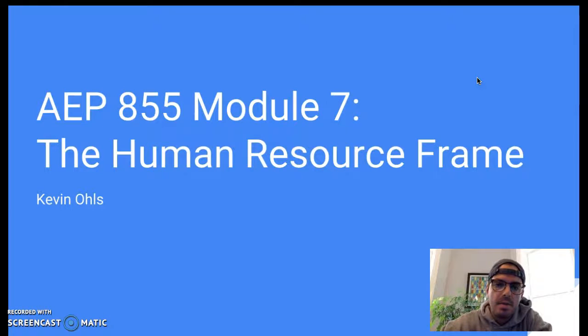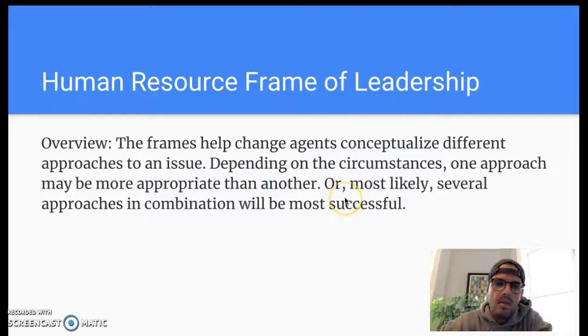The human resource frame of leadership is a leadership model that helps leaders come to different approaches on an issue and not just focus on one approach that they use for all issues.